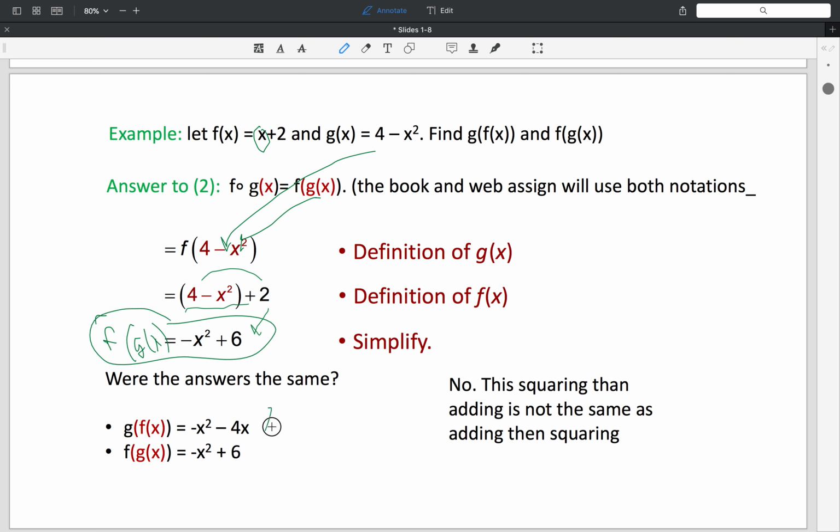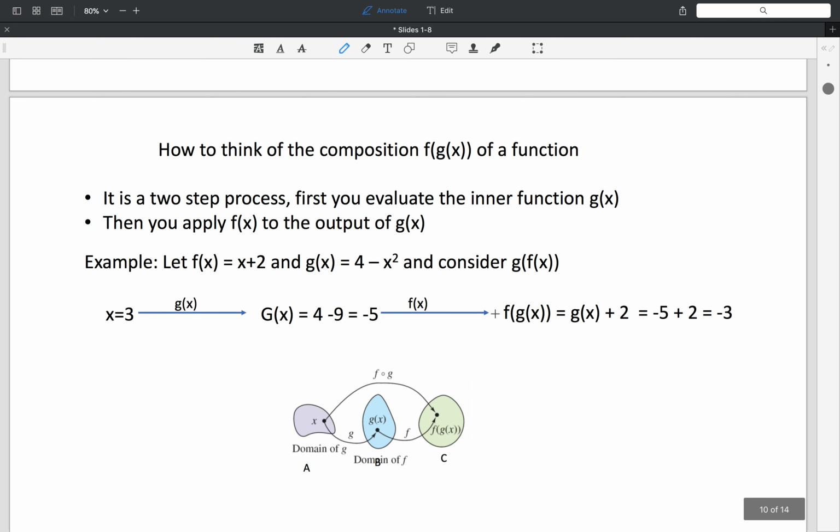Now notice I get these things that are not the same. And that was one of the questions I had, because remember, squaring and adding is not the same as adding then squaring. Just keep that in mind. Okay, just a little bit of thinking about this. It's a two-step process. First, you evaluate the inner function, and then you apply f of x to the output of g of x. So here's an example, and I'm going to look at the example x equals 3.